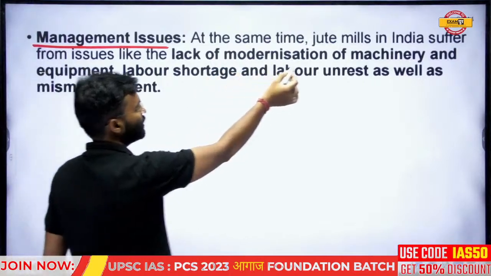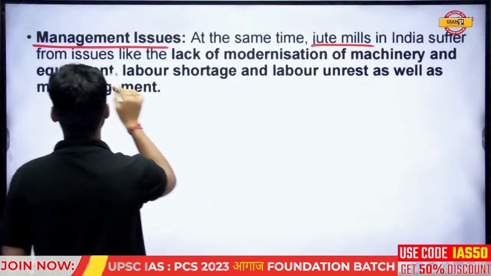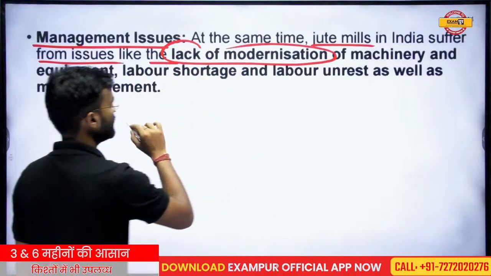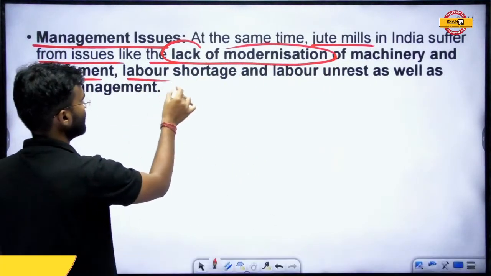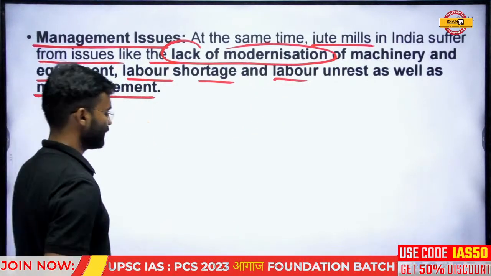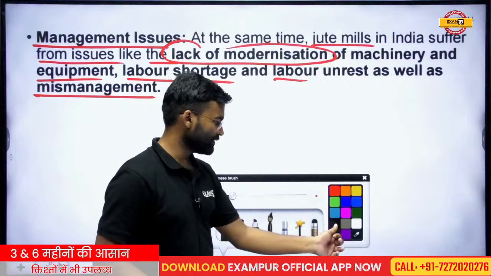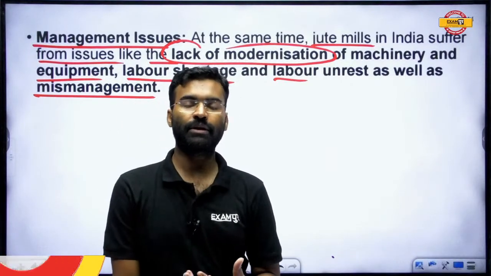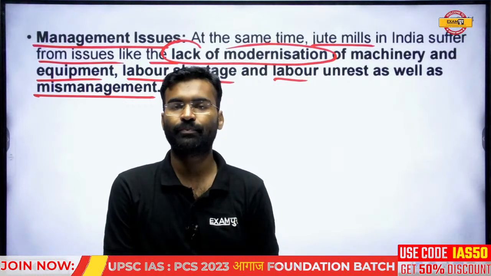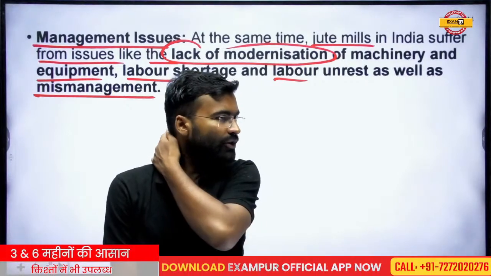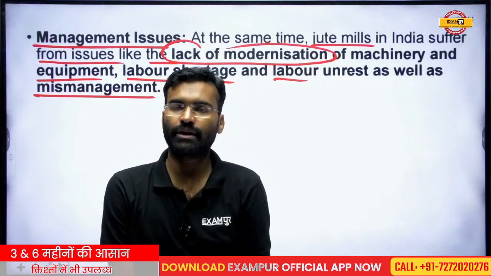At the same time, jute mills in India suffer from issues like lack of modernization of machineries and equipment, labor shortage, and labor unrest, as well as mismanagement. So if you want to establish yourself in the international market, then you have to advance your technology.